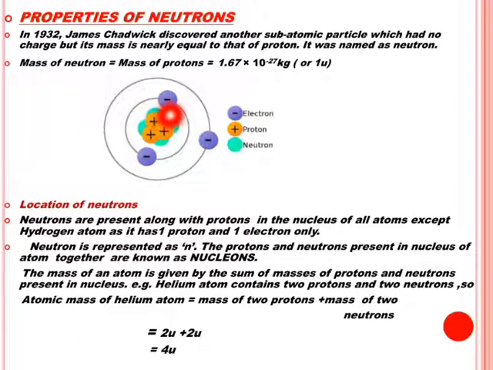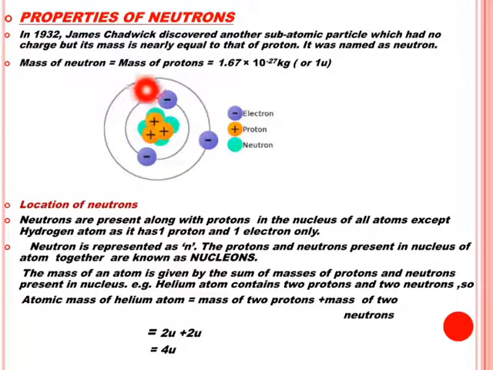The protons and neutrons present in the nucleus of an atom together are known as nucleons. So a question can be asked, what are nucleons? Where are they located? So nucleons are the protons and neutrons together present in the nucleus of an atom.